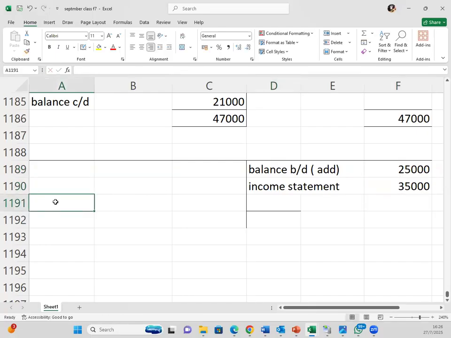Then again, for the closing balance you add the current plus deferred at the end of the year.